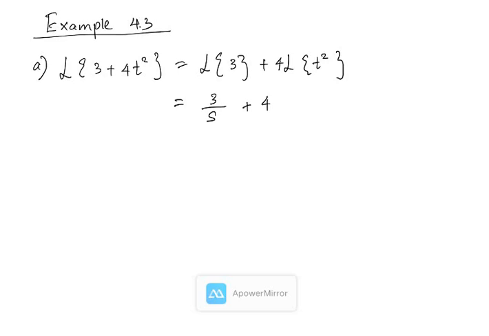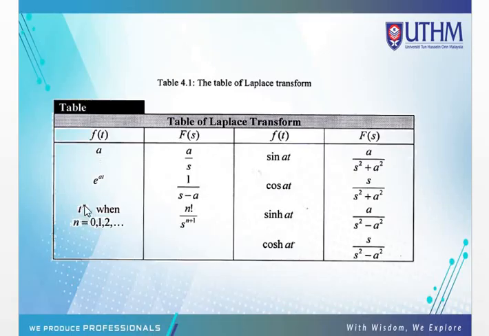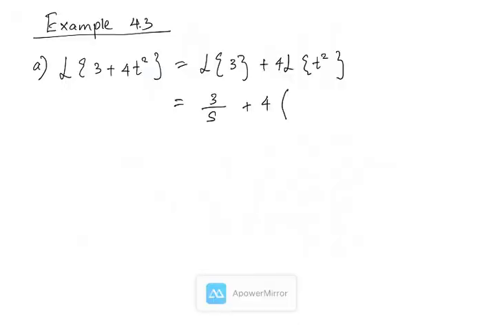If n is 2, you will get 2 factorial divided by s to the power of 2 plus 1, so s cubed. So 3 over s plus 4 times 2 factorial. 2 factorial means 2 times 1, so 2 times 4 gives 8 divided by s cubed.